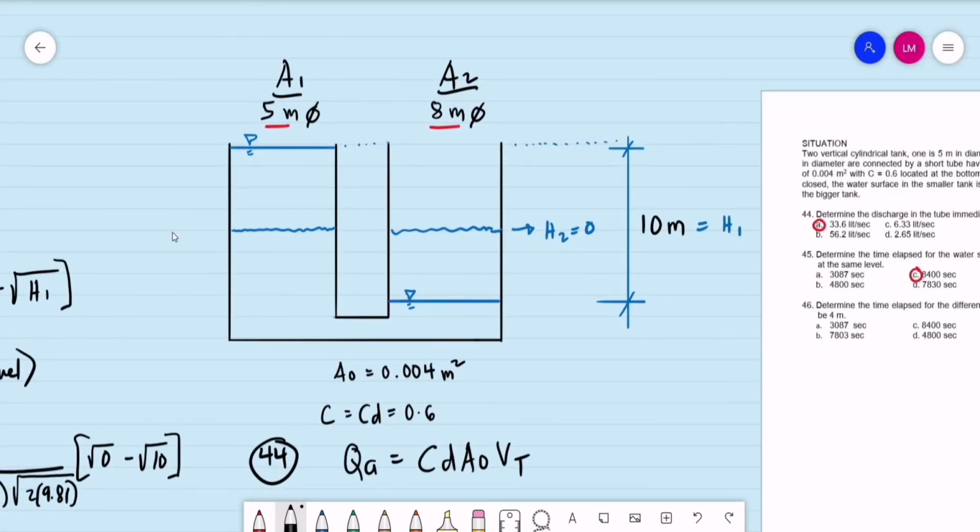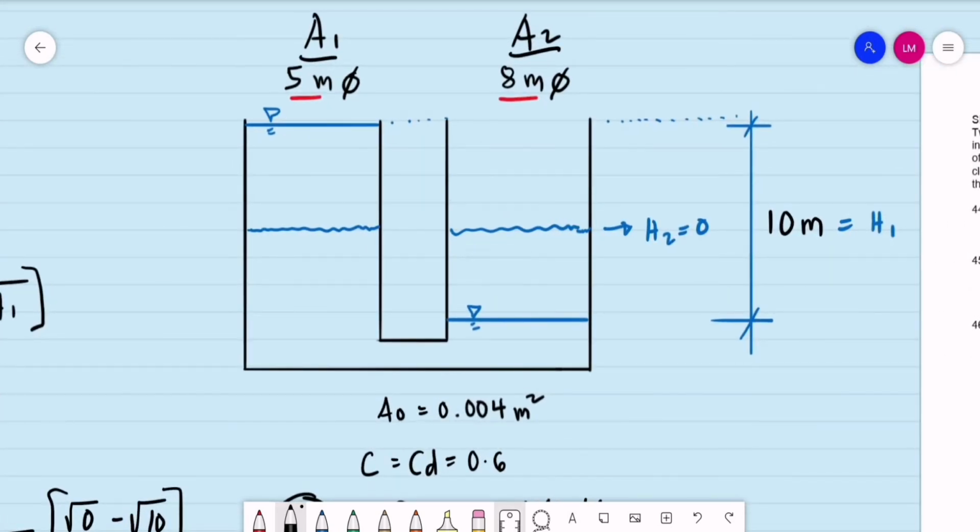Kasi kung titingnan natin, di ba parang initially, 10 meters. Tapos, syempre, bababa itong source. Bababa siya. Yung receiver naman, tataas. So, from an initial head na 10 meters, yung magiging difference in level of the liquid surface will be 4 meters.